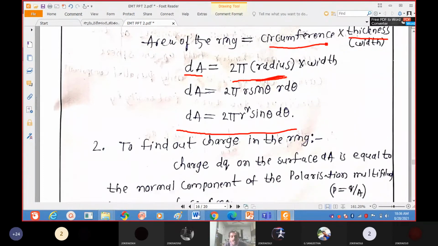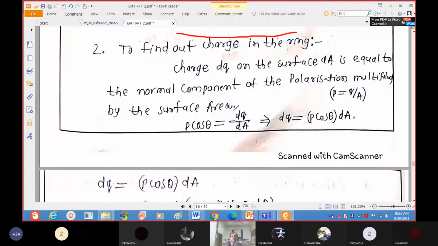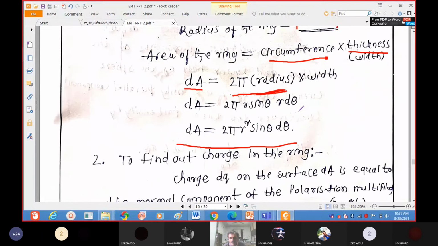Now find out the charge. Let's consider a small charge dq. Due to the small charge, some polarization will occur. Polarization P is equal to Q by A. There is also some angle of polarization.